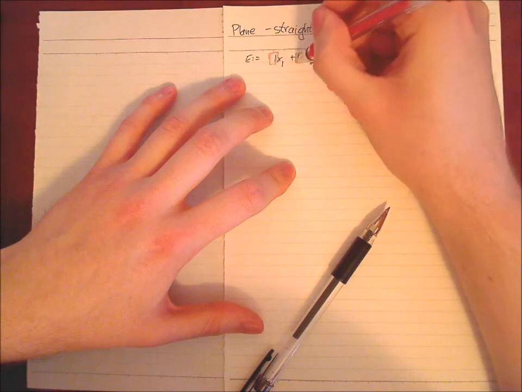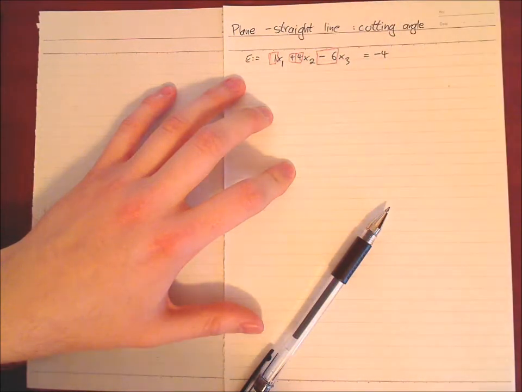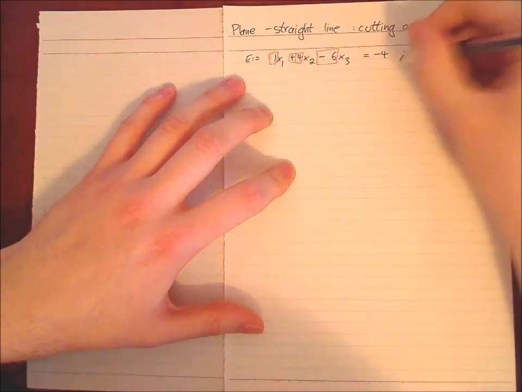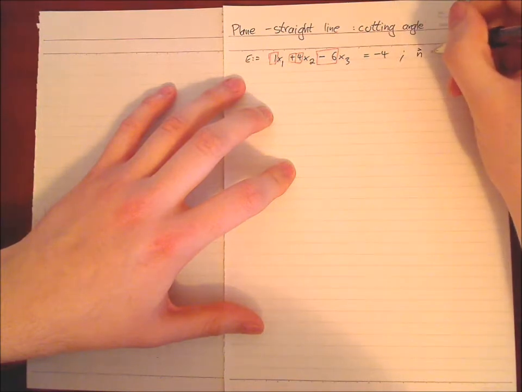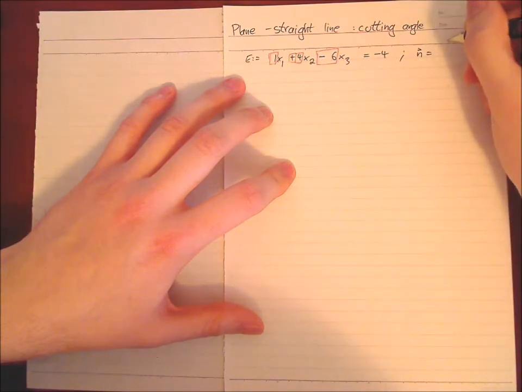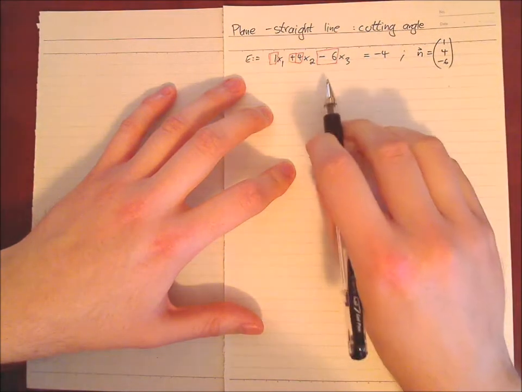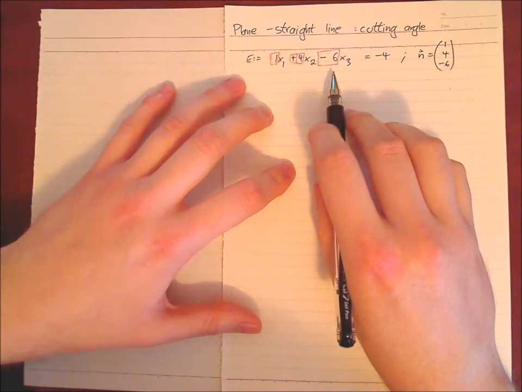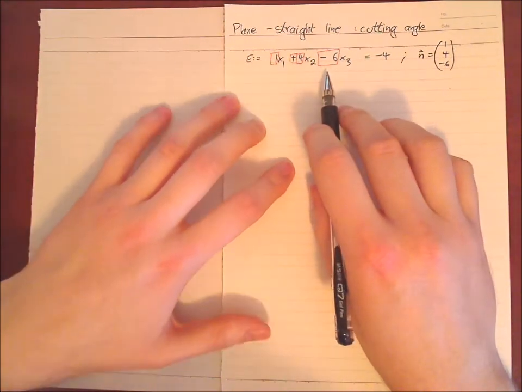Actually, the plus would belong also to the 4. And then we call it n. This is our normal vector, and we already know it: 1, 4, minus 6. We can see it in the coordinate representation of the plane.